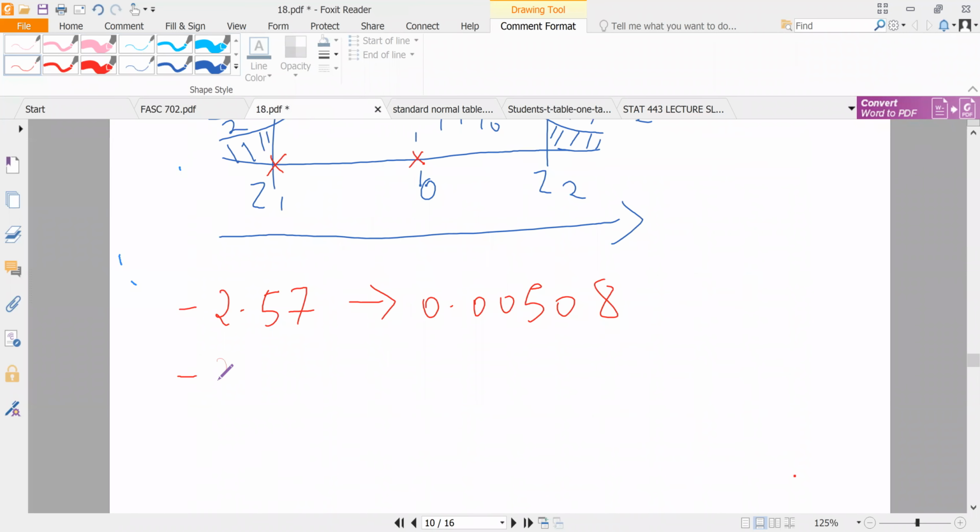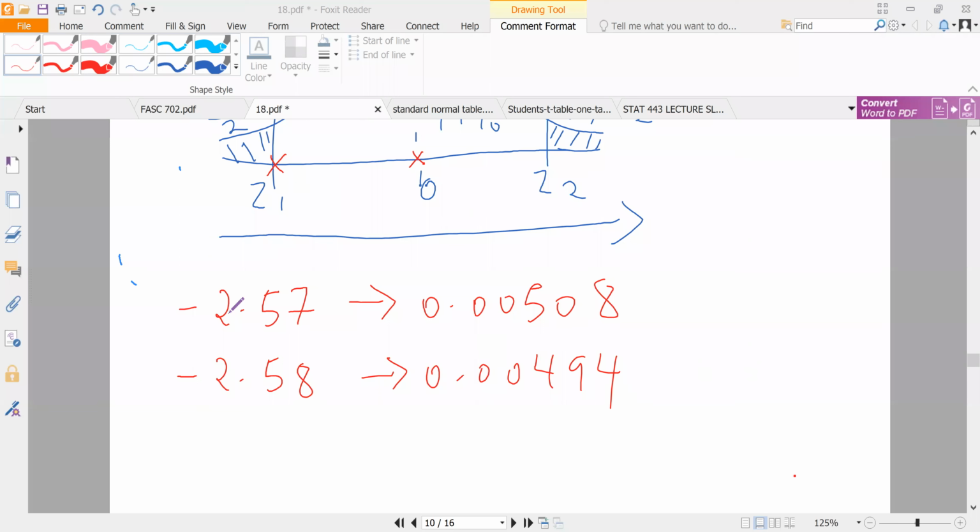So minus 2.58 gives us the accumulated probability 0.00494, which means that our value of Z1 is between these 2 points.